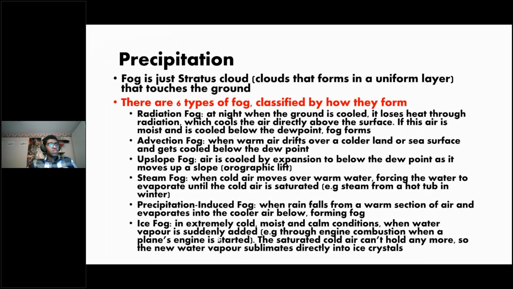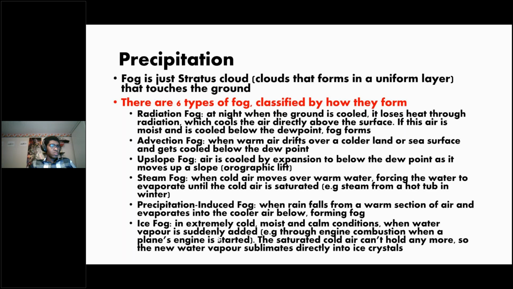And then lastly, we have ice fog, and so you'll see this in winter. I've seen it flying in the winter before. Basically what happens is it has to be very cold, the air has to be very moist, but also very calm. And essentially what happens is you have a sudden addition of moisture.